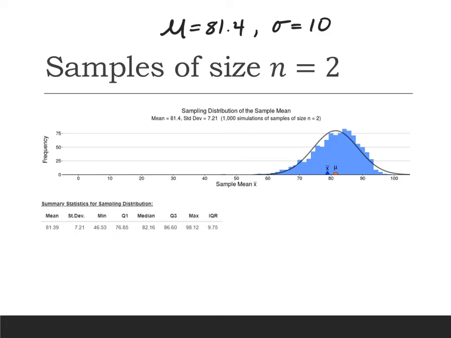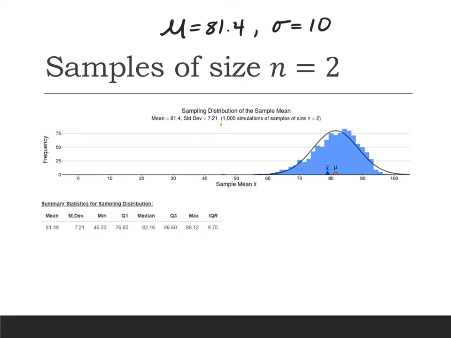And of course, this is just taking two things or people from the population, adding those two numbers together, dividing by 2, and getting the sample mean. And putting all of those sample means. So remember, each of these, the blue here is looking at lots and lots and lots of sample means.